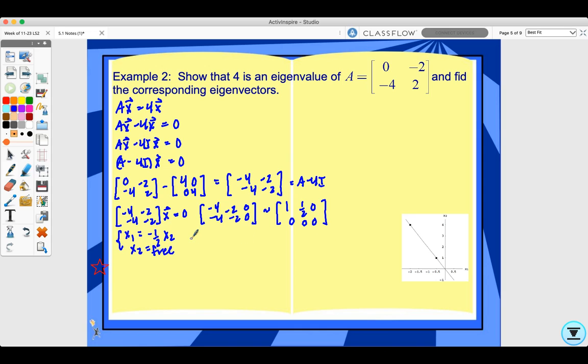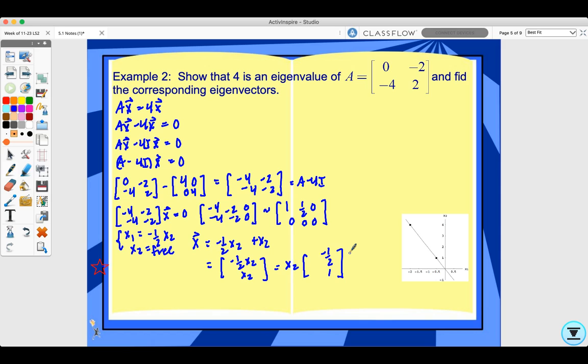So my x would equal negative 1/2 x2, x2, which I could then write as x2 times negative 1/2, 1.